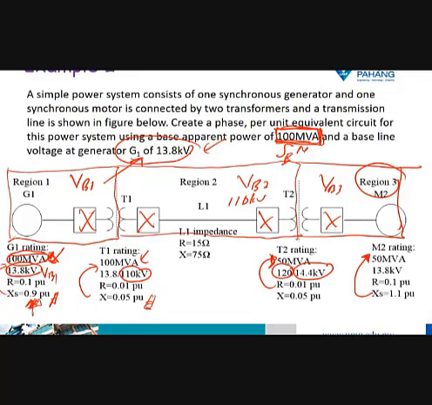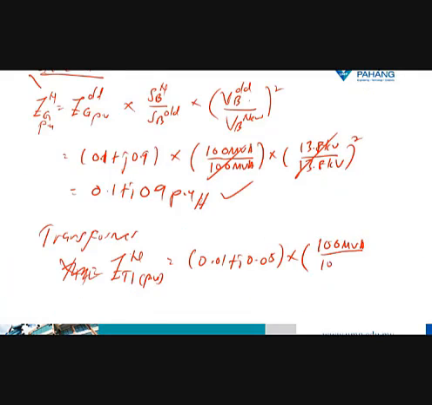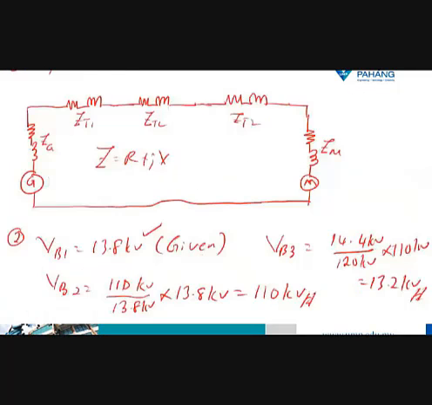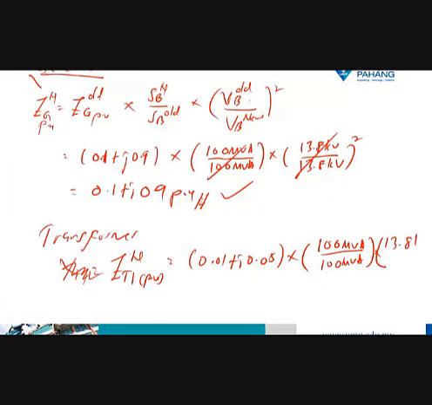Times V base old; we take the primary side, 13.8 kV, over V base 1, also 13.8, squared. We can cancel out this value. We get the same answer, 0.01 plus j0.05 per unit. So for transformer ZT1, we get the same value.